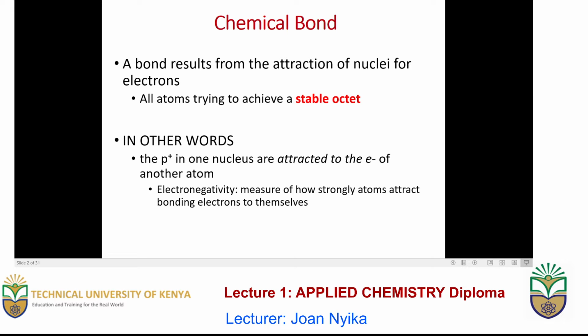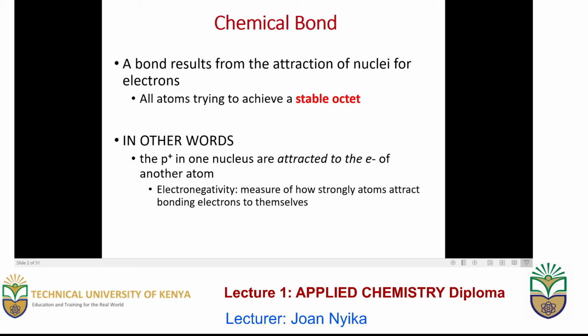Remember when we were looking at the various groups in the periodic table, we talked of the group 18 elements, what we called the noble gases, and we said they are in a stable state because the outermost shell already is full of electrons. It cannot lose, neither can it gain. That is what all other elements are looking for when they are being engaged in a chemical bond.